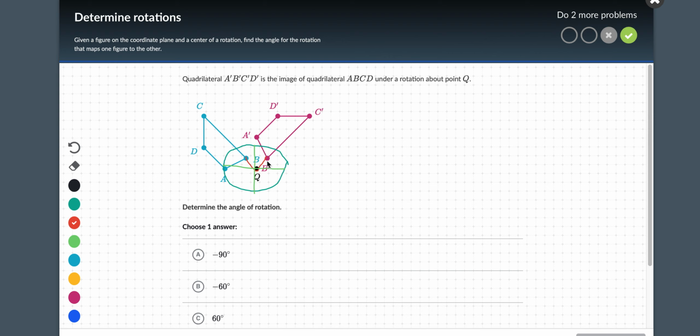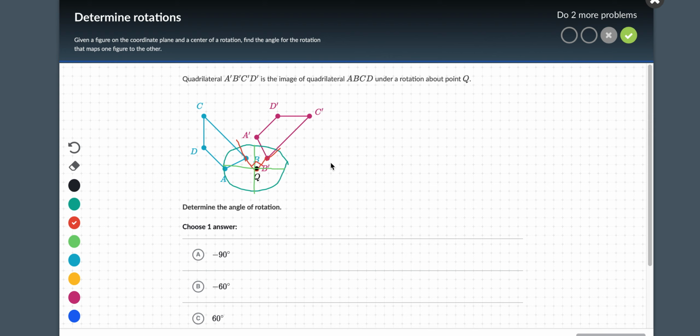Okay, so this angle is kind of split by the quadrant, but if you turned it, as you can see here, it creates a right angle on the intersection of these two, which means it's 90 degrees, because as we know, 90 degrees makes a right angle.